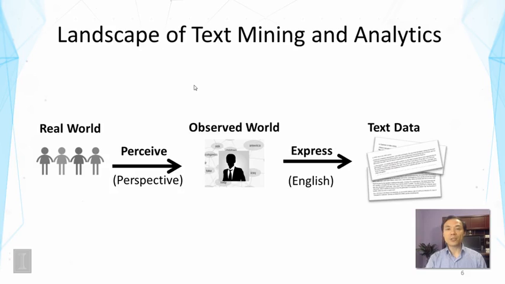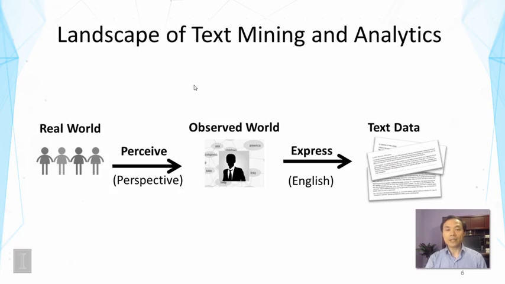Now, this slide shows the process of generating text data in more detail. More specifically, a human sensor or human observer would look at the world from some perspective. Now, different people would be looking at the world from different angles, and they will pay attention to different things. The same person at different time might also pay attention to different aspects of the observed world.